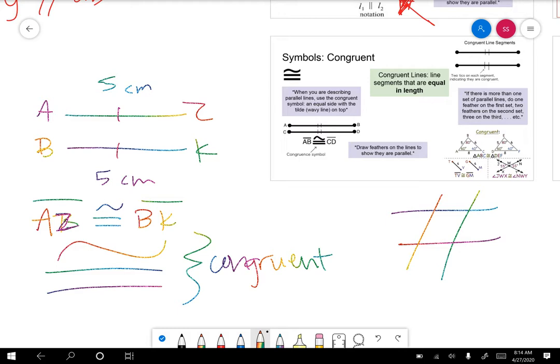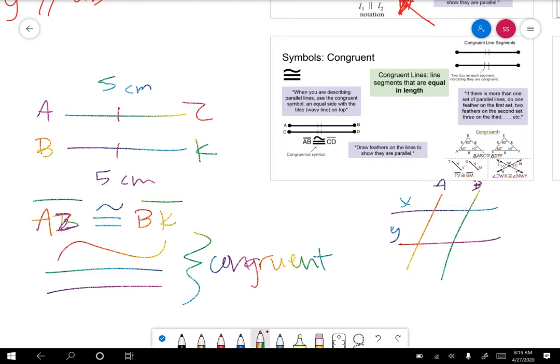Let's say that this is line segment X, this is Y, this is A, this is B. Okay. So let's say that we know that A and B are congruent, and we know that X and Y are congruent, but they are not congruent to each other. So X is not congruent to A or B, and Y is not congruent to A or B.